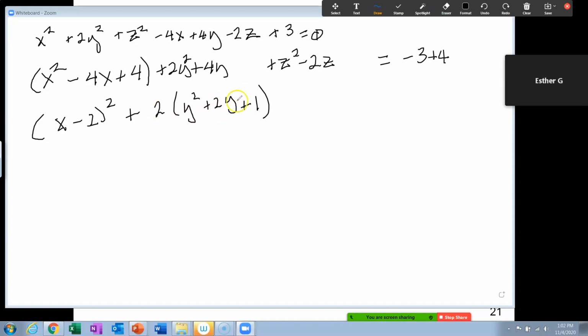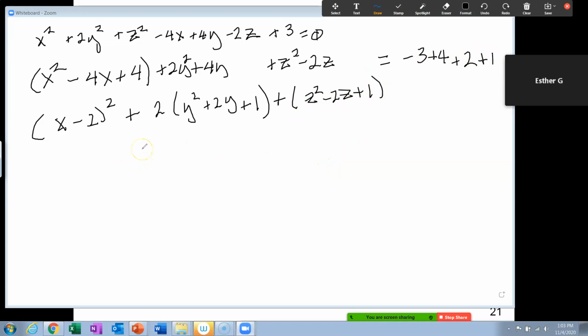But there's a 2 on the outside, which means I just added 2, so I'd better add another 2 over here as well. Now, this z term already has a 1 as a coefficient, so I don't have to factor anything out. Half of negative 2 is negative 1, square that, you get a plus 1. So this would be z squared minus 2z plus 1. I just added a 1 here, so I better add a 1 over here too to keep everything balanced.